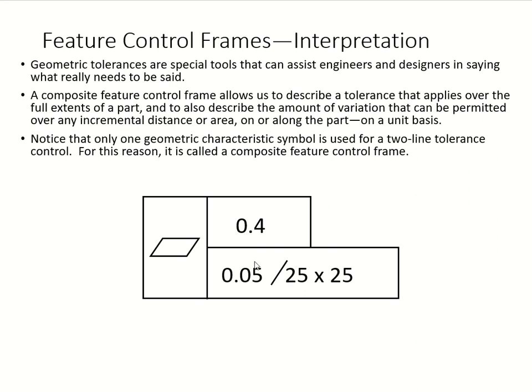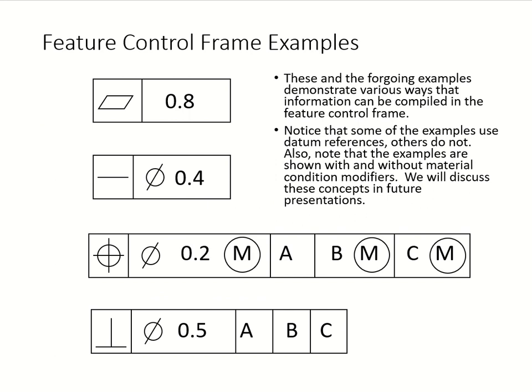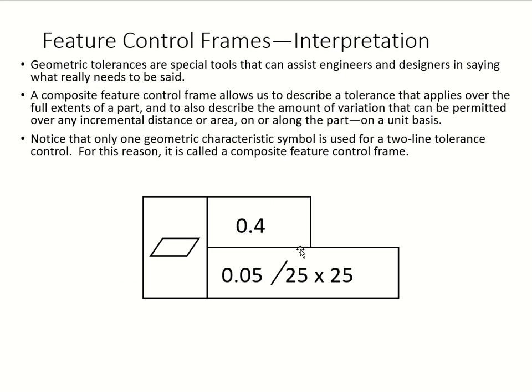This one is a composite. See how different it is from our regular example here? Why? Because you have another row right there. There's a first column, and you have two rows. The second column is like a one half, and the other one is full, giving you two different pieces of information. That's what we call the composite feature control frame.